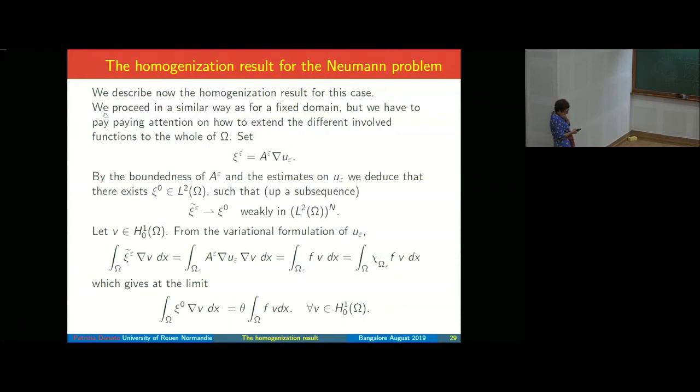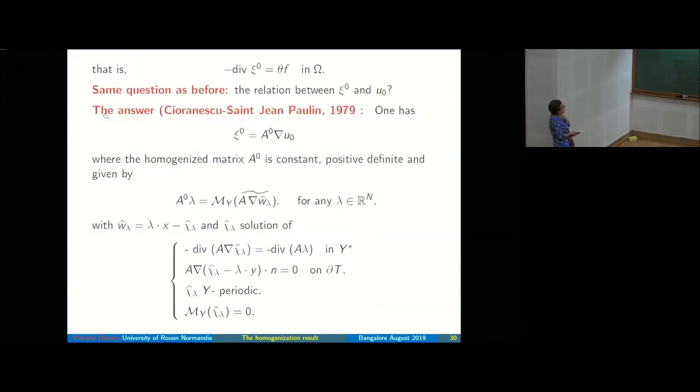Then, at the limit, this one goes to xi0, this one goes to theta, and the rest is fixed, so we have that equation, which means that minus divergence xi0 is equal to theta f. Okay. So now the question is, as before, what is the relation between xi0 and u0?